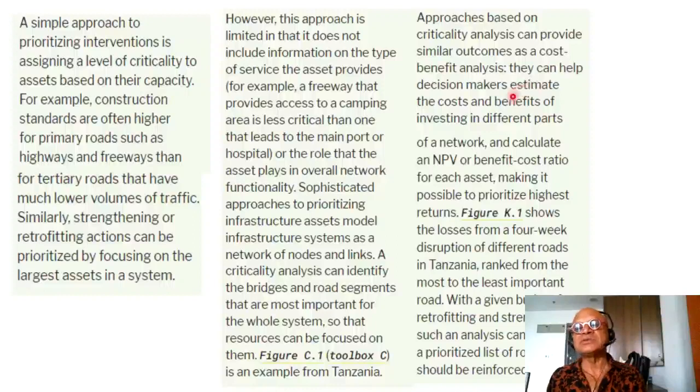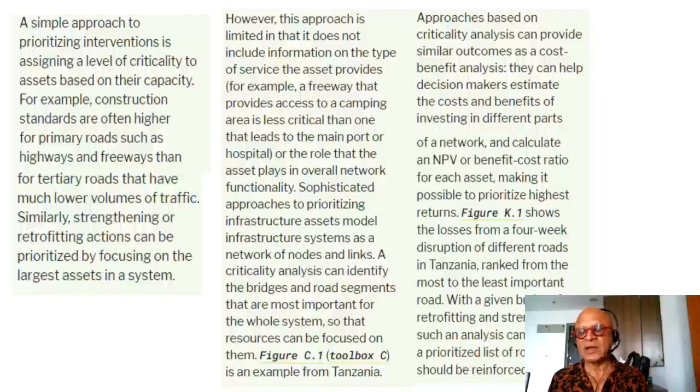They can help decision makers estimate the costs and benefits of investing in different parts of a network and calculate a net present value and/or benefit-cost ratio for each asset, making it possible to prioritize the highest returns. We'll see figure K.1, which shows the losses from a 4-week disruption of different roads in Tanzania, ranked from the most to the least important road, with a given budget for retrofitting and strengthening.